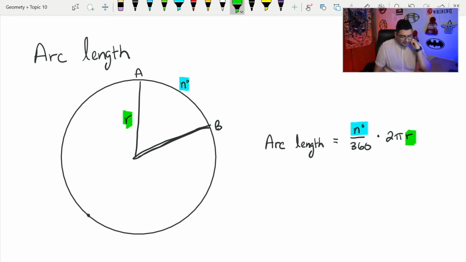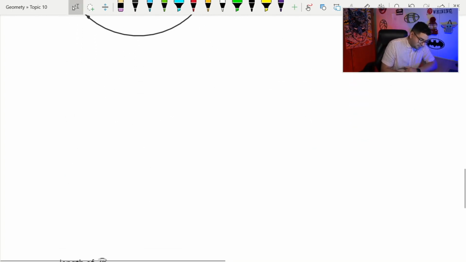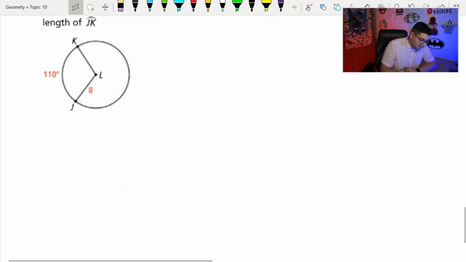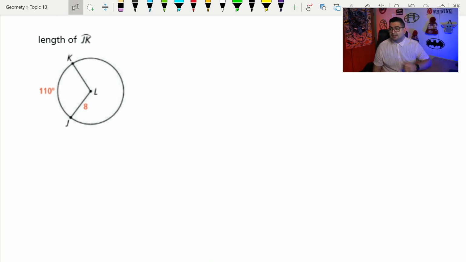Let's look at an example where we're asked to use the arc length formula. Here they want to know the length of arc JK, from J to K, and we have the two pieces of information that we need. First thing I like to do is write down the formula.